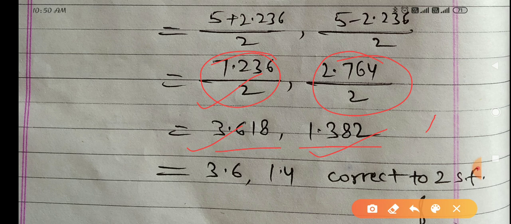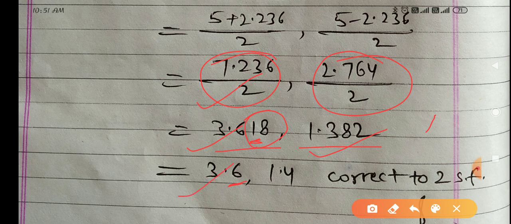So here you can see I have removed these two digits 1 and 8. After 6, 1 is written, and due to this 1, 6 will not be increased by 1, it will not become 7, because I told you if the digit which you are removing is greater than 4, then the previous digit will be increased by 1, otherwise not.